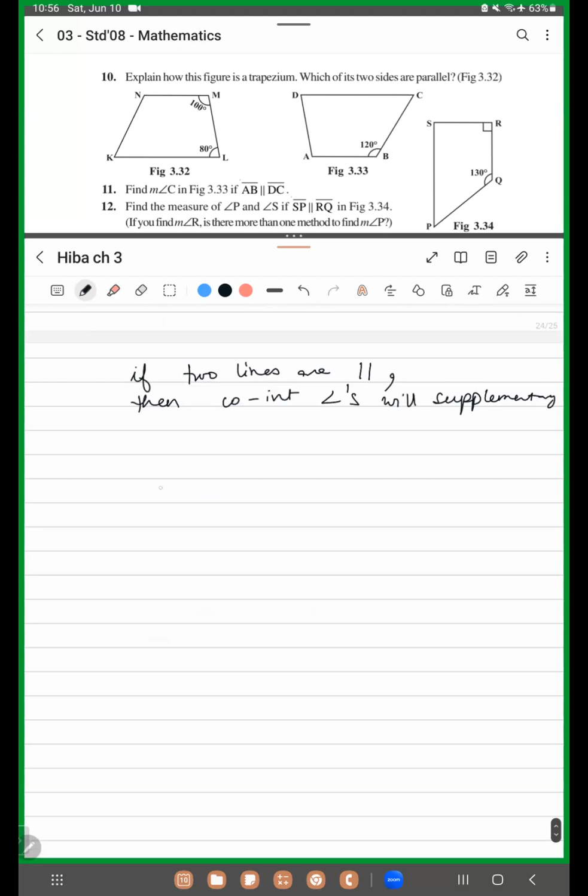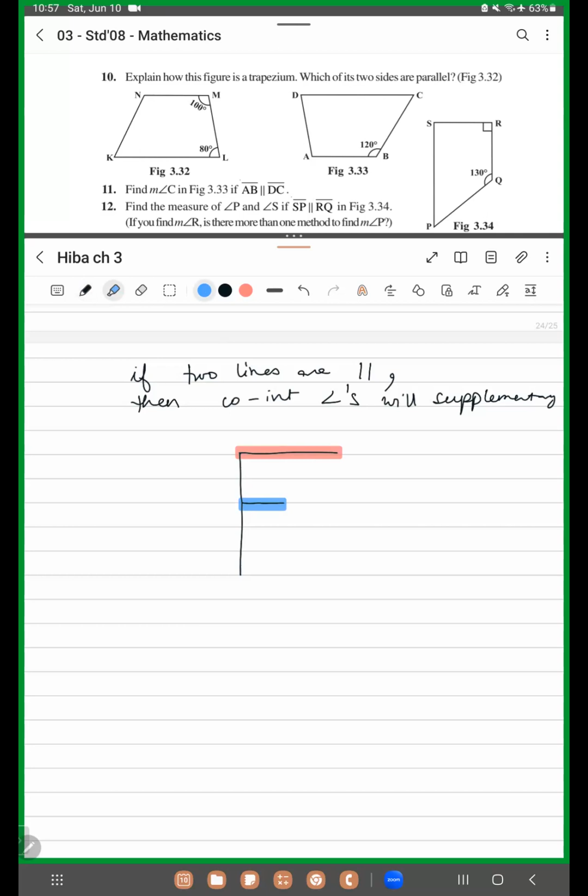Parallel lines. For example, these lines on this paper, they are all parallel. Or for example, if I draw the letter F, this line, the pink line, and this blue line, they are both parallel. Yes or no?